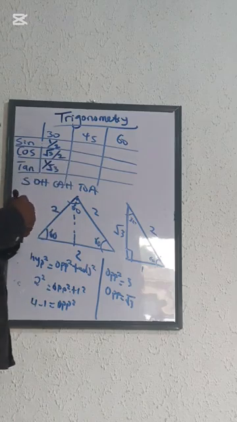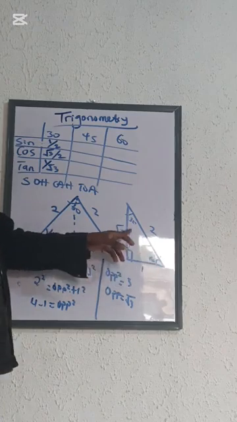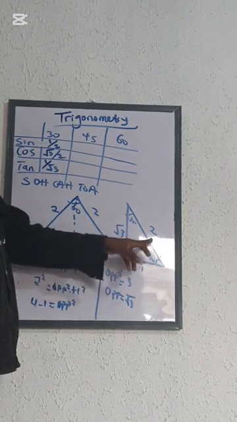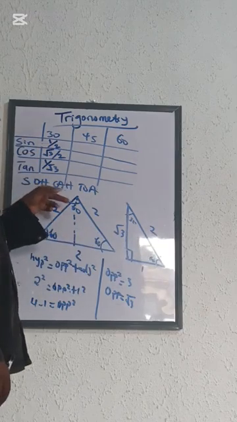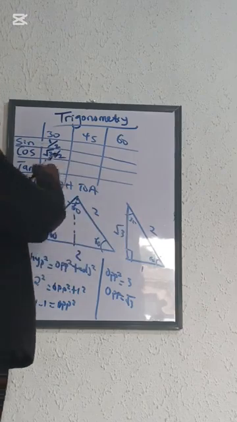Are we getting it? So now for 60, these are our opposite, adjacent, and hypotenuse. So sine 60, opposite over hypotenuse, is root 3 over 2.